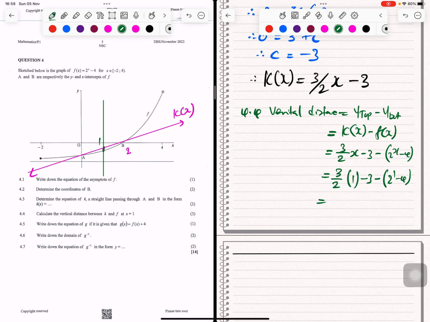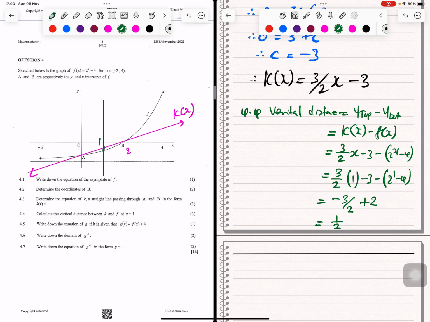So you can use a calculator here, and you'll see that 1.5 minus 3 is negative 3 over 2. This is negative 3 over 2 minus 2, so it's plus 2. So it's like minus 1.5 plus 2.